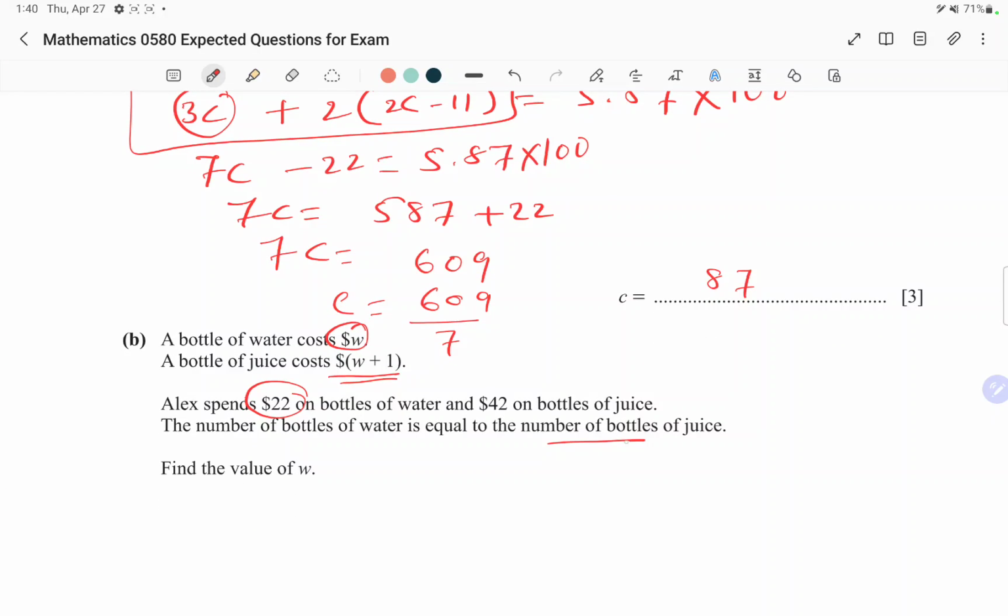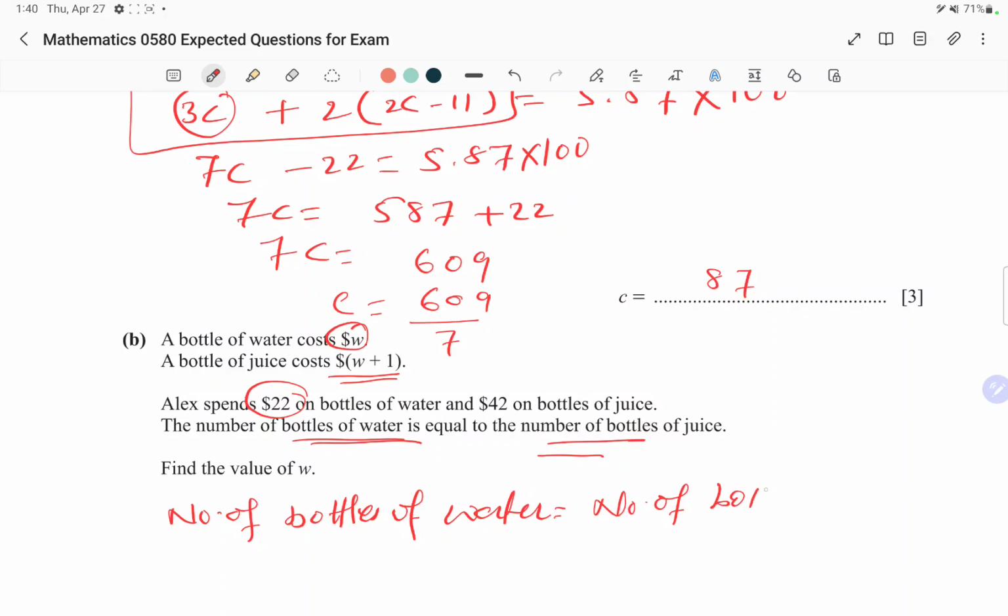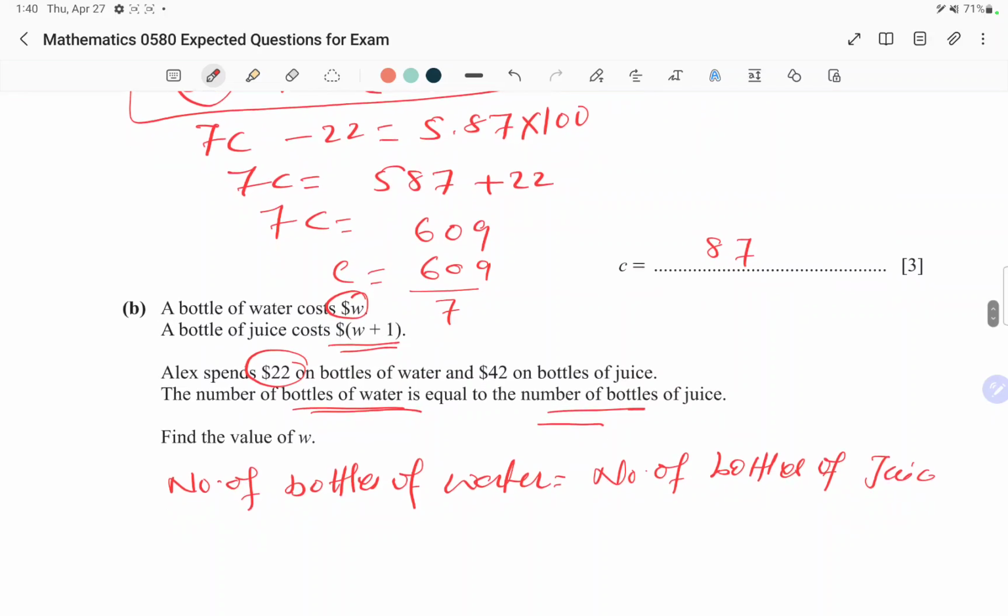Here it is also given that the number of bottles of water equals the number of bottles of juice, these are the same.